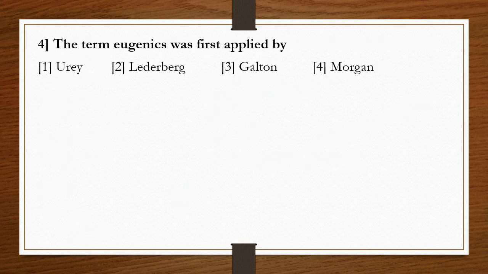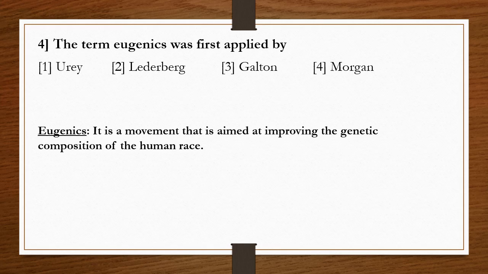Question number 4. The term eugenics was first applied by: options 1, Urey, 2, Lederberg, 3, Galton, 4, Morgan. So let's see what is meant by eugenics. Eugenics is a movement that is aimed at improving the genetic composition of the human race.